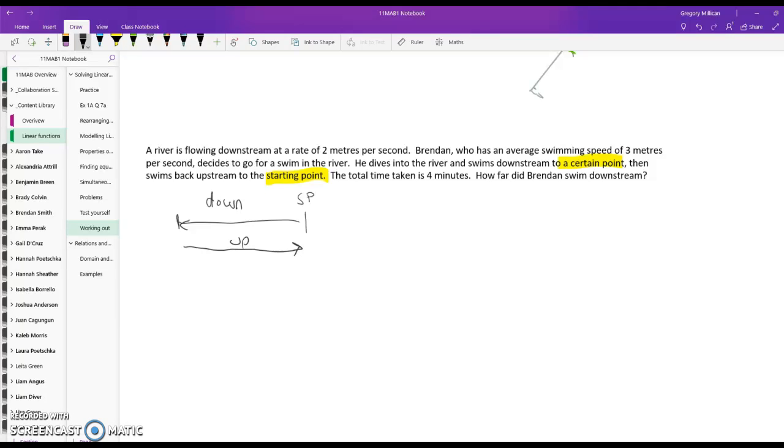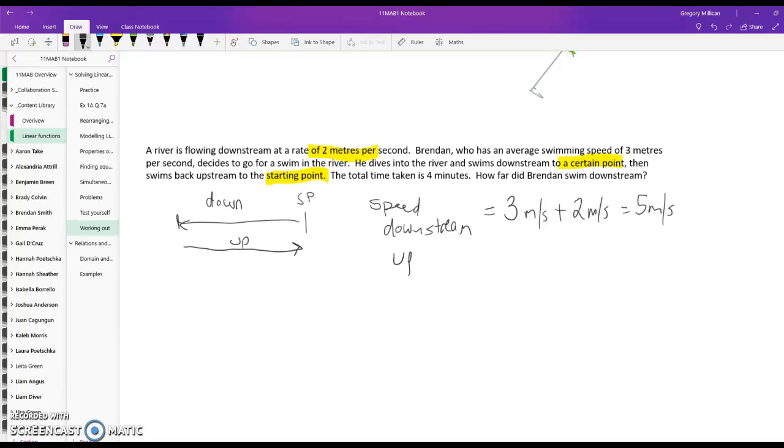So what we then need to decide is, we obviously realise that if he's swimming downstream, he's swimming with the current. So therefore the current is assisting him. So if he can swim at 3 meters per second, the speed downstream is equal to the speed he can swim plus the current, because the current's going to help him, which is 5 meters per second.